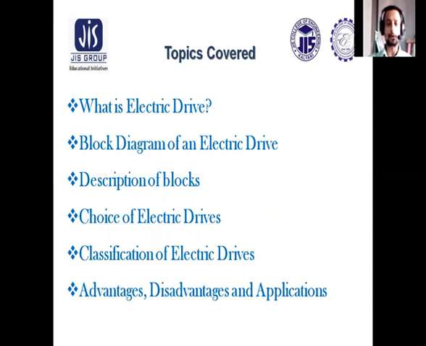Next, we'll discuss the choice of electric drives: how to choose an electric drive. There are different electric drives: DC drive, AC drive, chopper fed DC drive, AC to DC converter fed DC drive, half controlled converter based drive, fully controlled converter based drive, drive with freewheeling diode, drive without freewheeling diode.